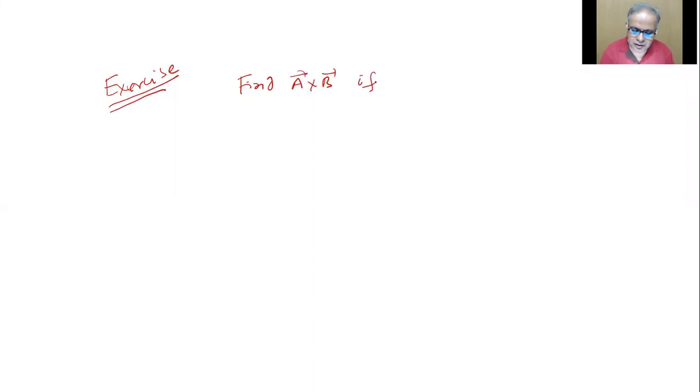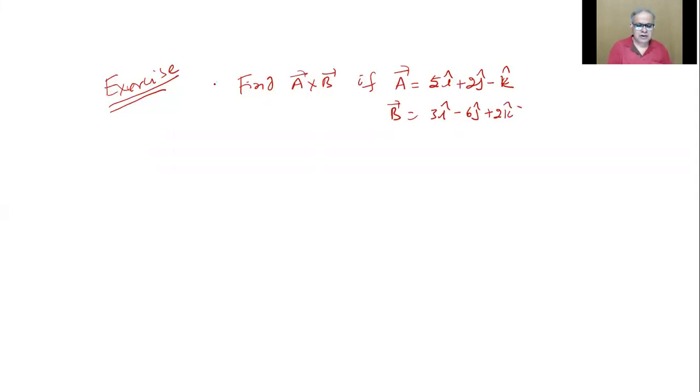Now, some exercise. Directly, I'll give a question. Find A cross B if A equals 5I cap plus 2J cap minus K cap and B equals 3I cap minus 6J cap plus 2K cap.